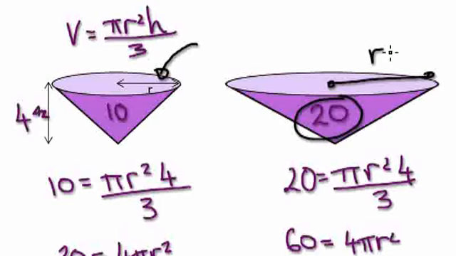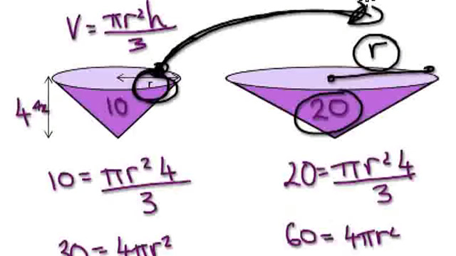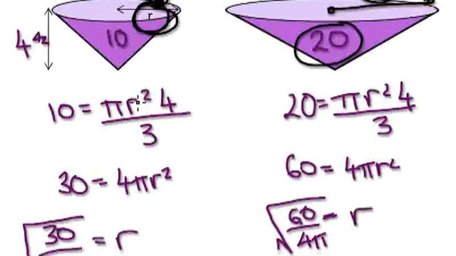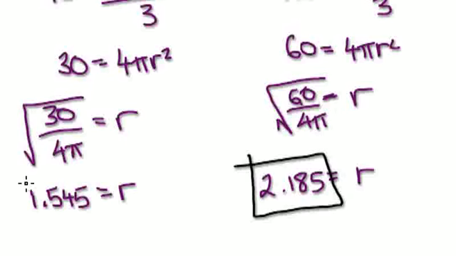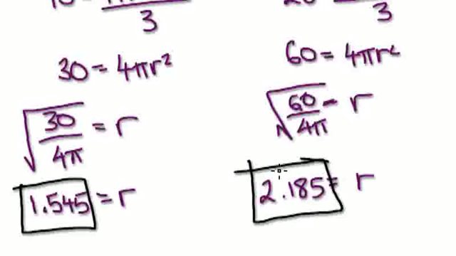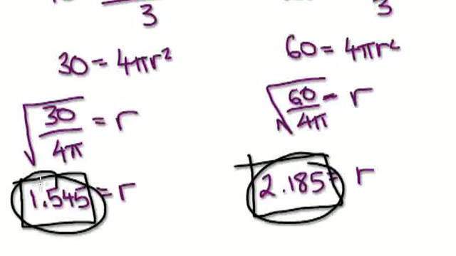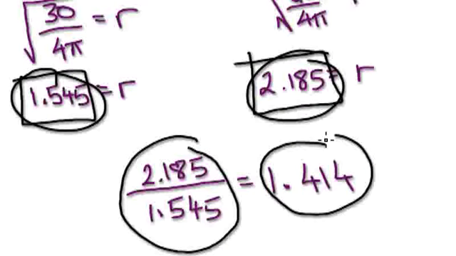Once you've worked out both radii, you can work out the scale factor that takes you from the old radius to the new one. The radius of the big cone would be this, the radius of the small cone would be this. If you divide this by this, that will give you the scale factor. So basically, the scale factor is 1.41.